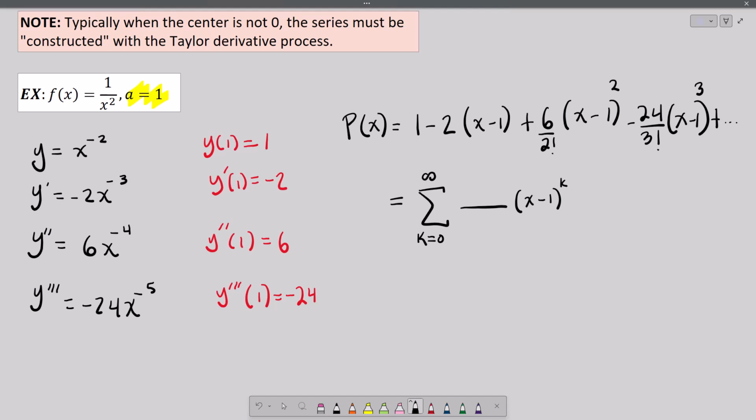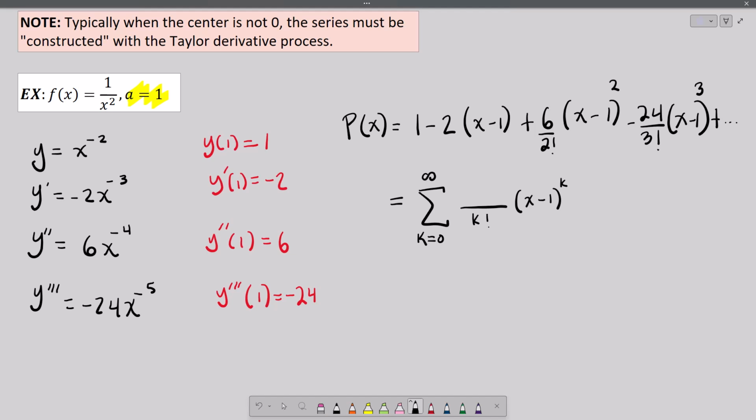So that part, I think, is pretty obvious right out of the gate. That starts at 0. That's going to be the exponent on the x minus 1s. That's also going to match the factorial in the denominator. The only thing we have to deal with are those coefficients. And can you see what those coefficients are?